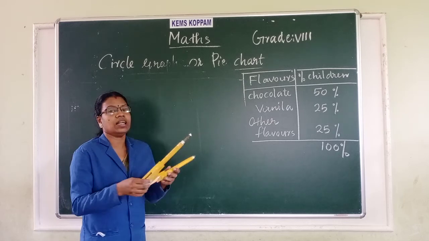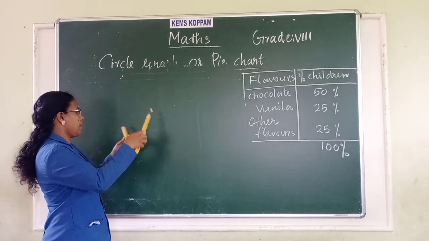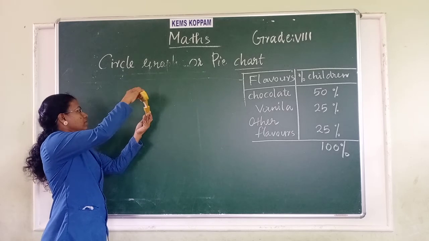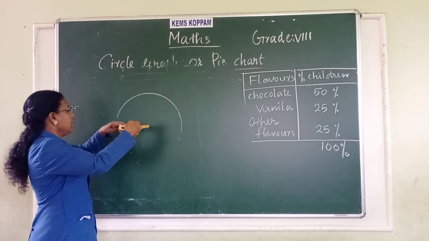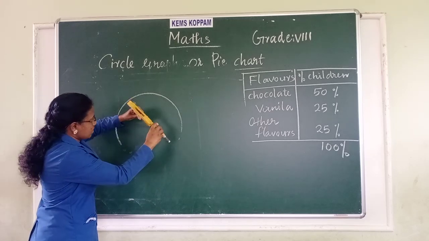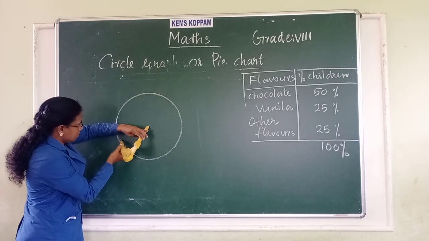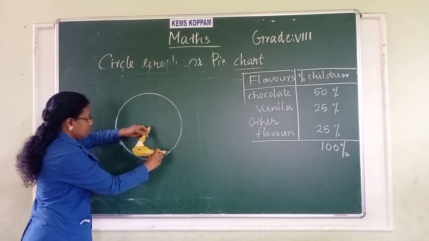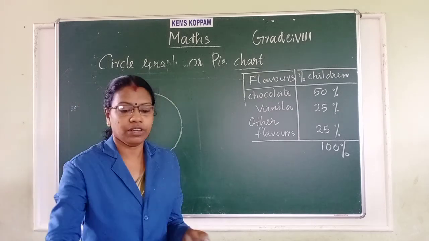Just draw a circle with any convenient radius using your compass.